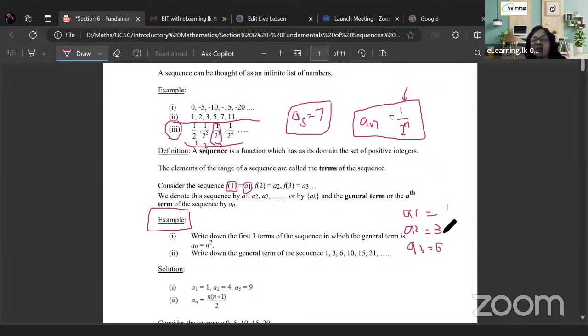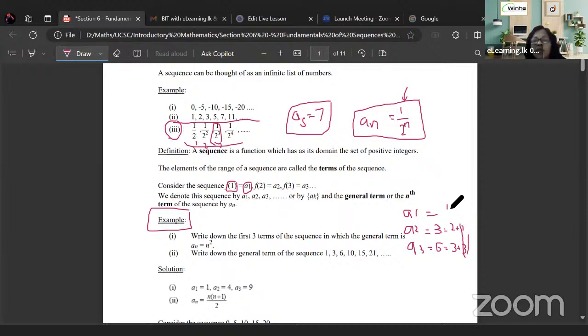Right? So you can write this as 2 plus 1 or else 3 plus 3. But when you write like this, you can't write down this term.